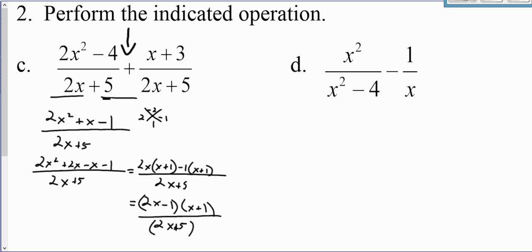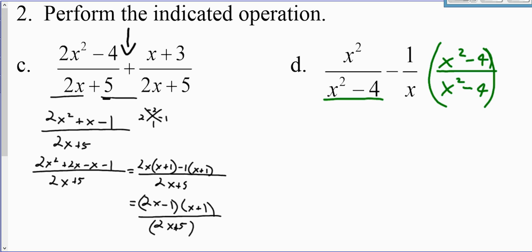So I'm going to take the denominator over here, and I'm going to multiply by a form of 1, and it's going to be x squared minus 4 over x squared minus 4. So again, I'm just multiplying that term by 1, and over here, I'm going to multiply this by x over x again. That is just 1. Okay? So by doing this, I should get a common denominator.